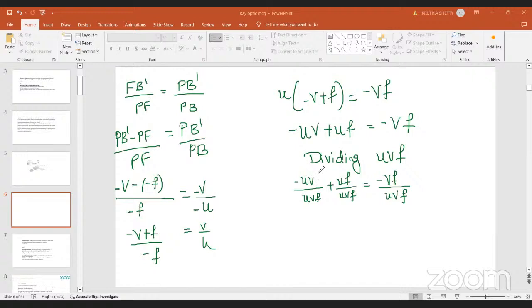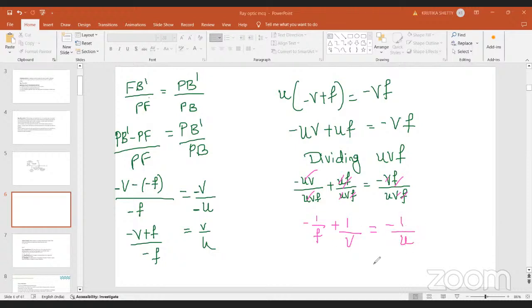UV will get cancelled, U will get cancelled, V will get cancelled, F. So in the first term, what is left? Nothing is there, minus is there, numerator has 1, divided by F, plus here numerator nothing, plus 1 divided by V is equal to minus 1 divided by U.